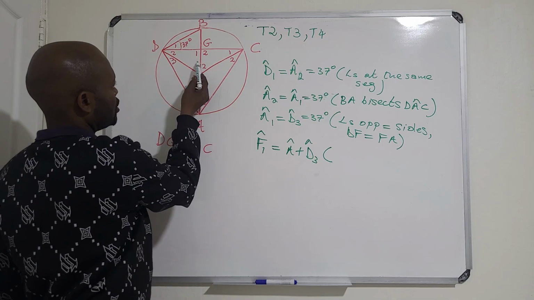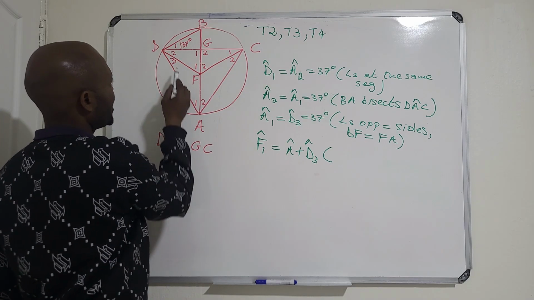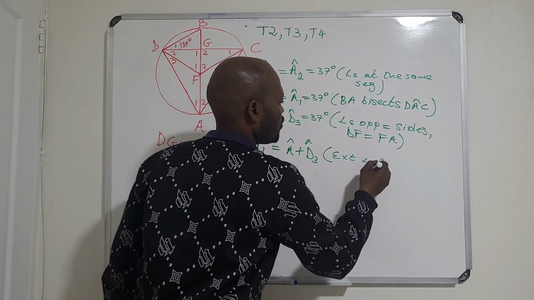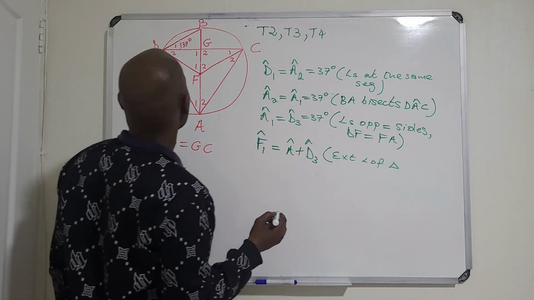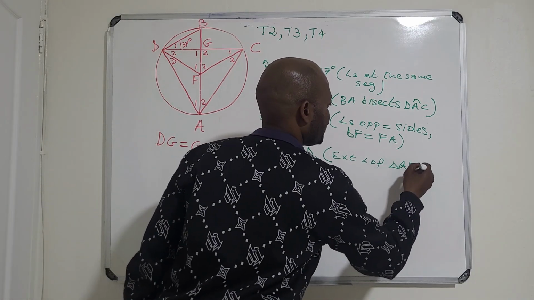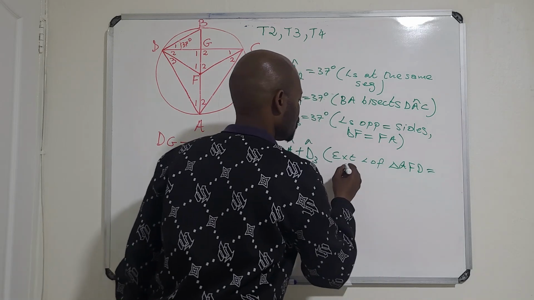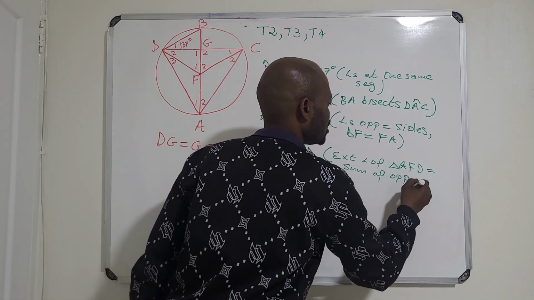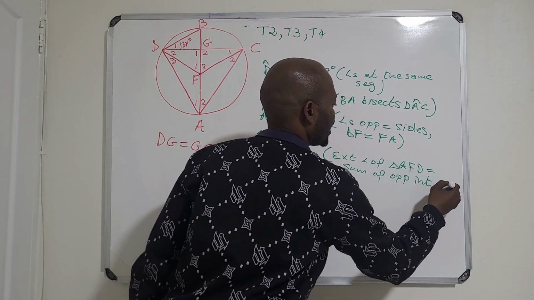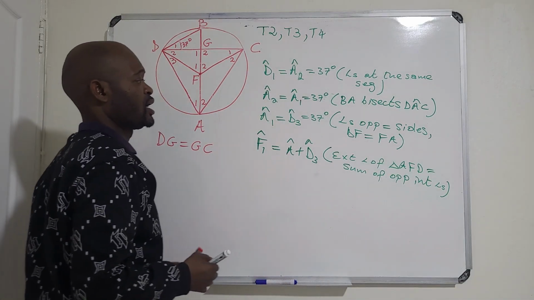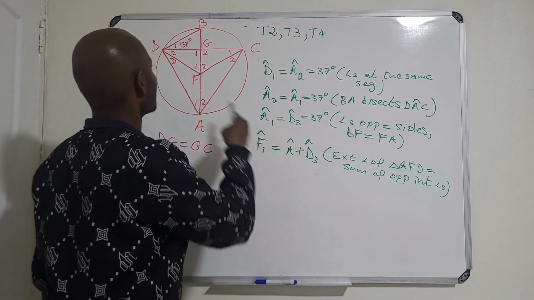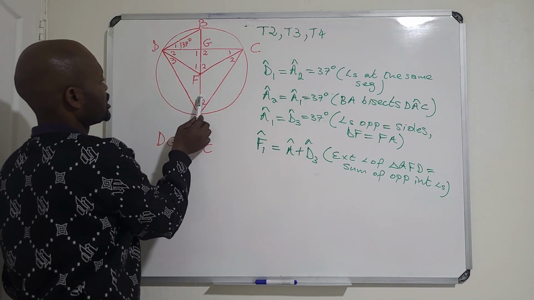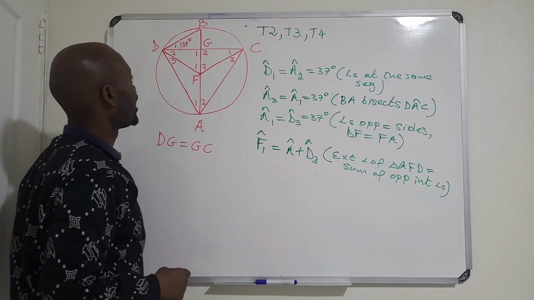This angle is equals to this angle plus that angle, exterior angle of triangle AFD is equals to the sum of the opposite interior angles.